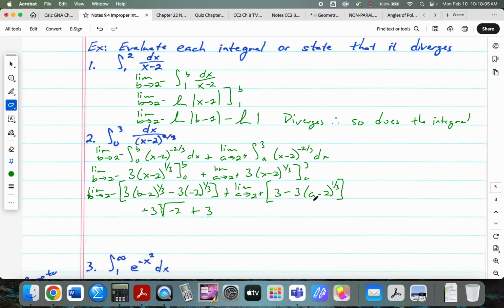And then as a approaches 2 here, our negative 3 times (a minus 2) to the 1/3 will also approach 0. So this is 3 minus 3 cube roots of negative 2.